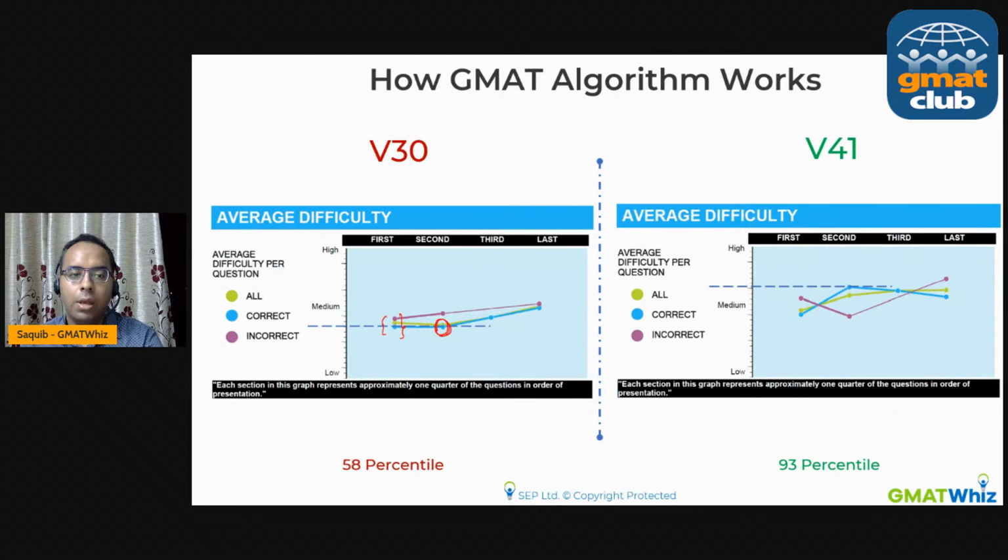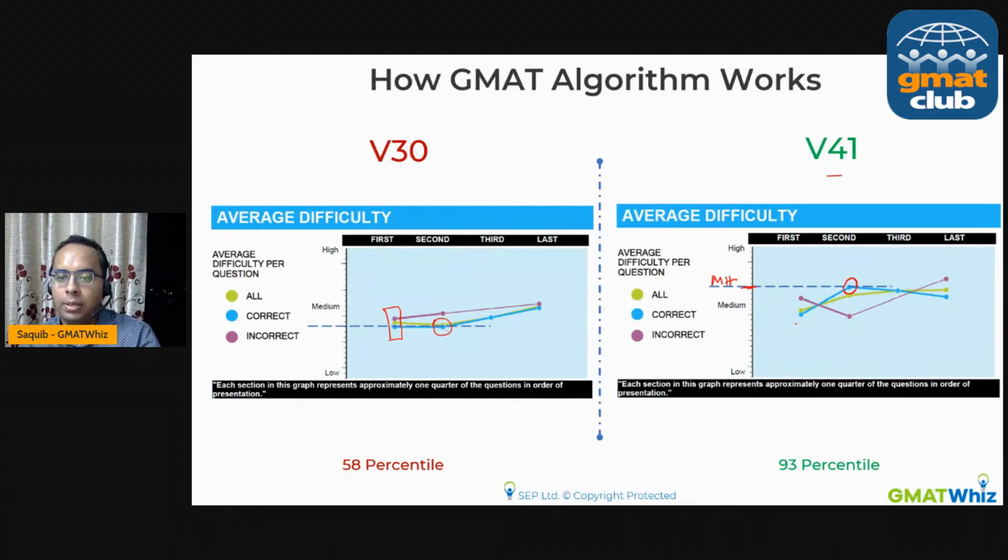Notice in the second quarter you are still below medium. So it is pretty clear as day that if you don't perform well in the first quarter, the difficulty level of questions that you'll get in the second quarter would still be below medium. While if you look at this student who got a V41, the kind of questions he's being served is really high, close to medium high.